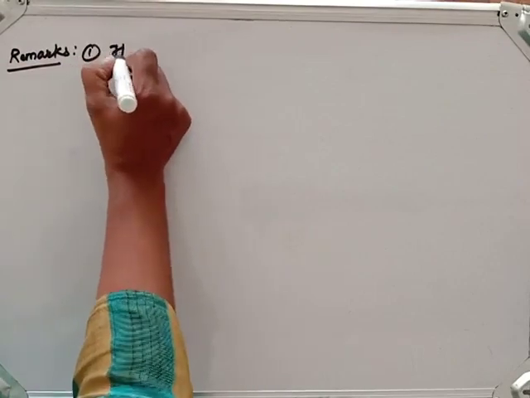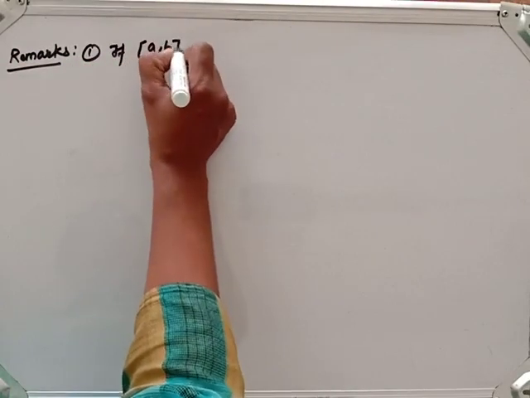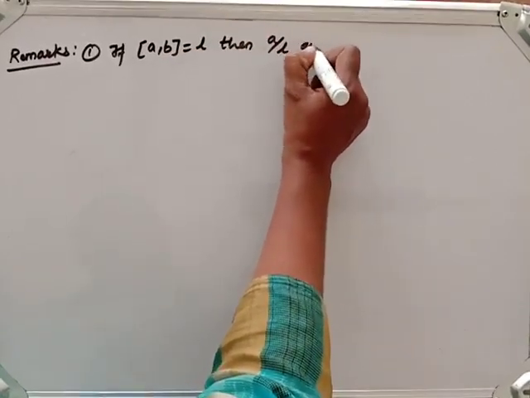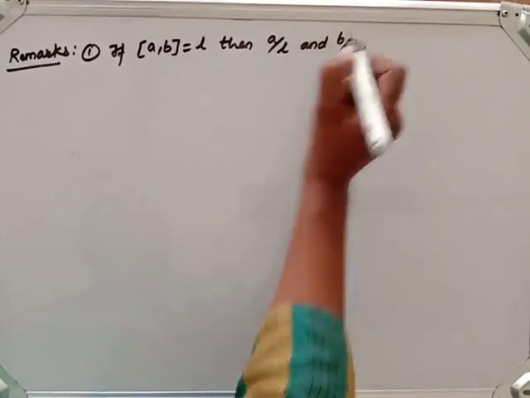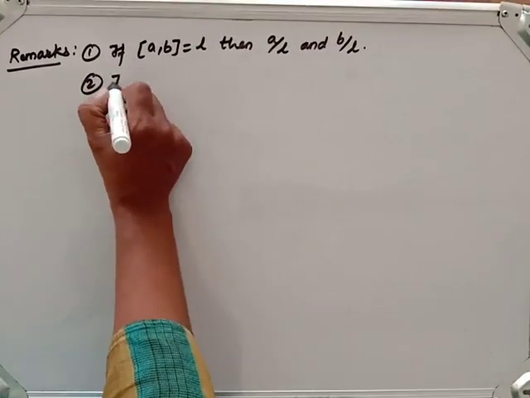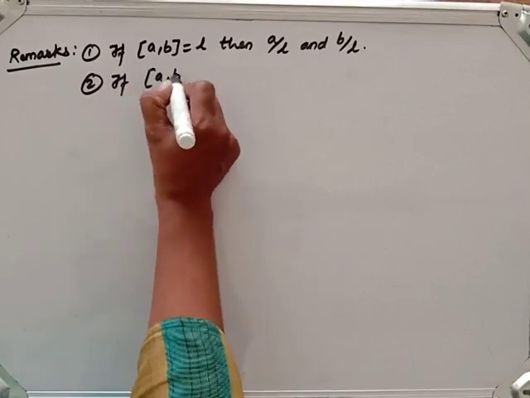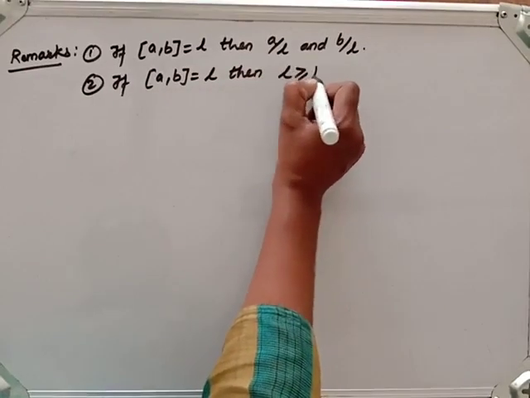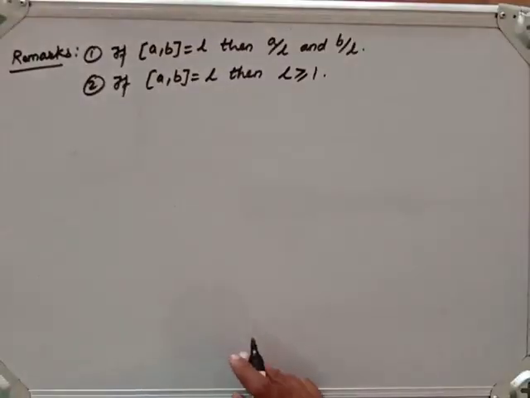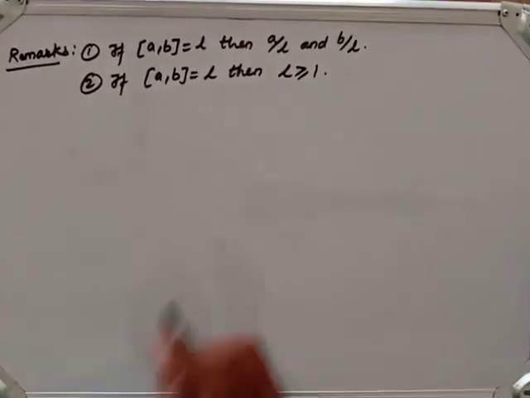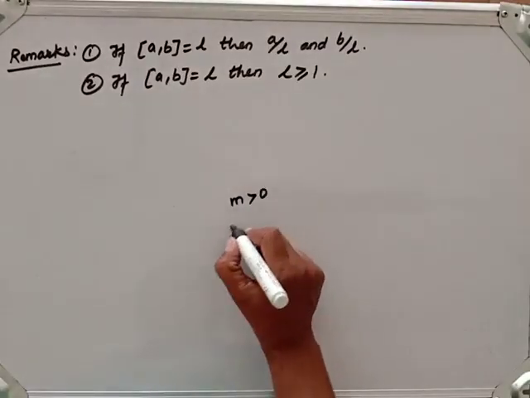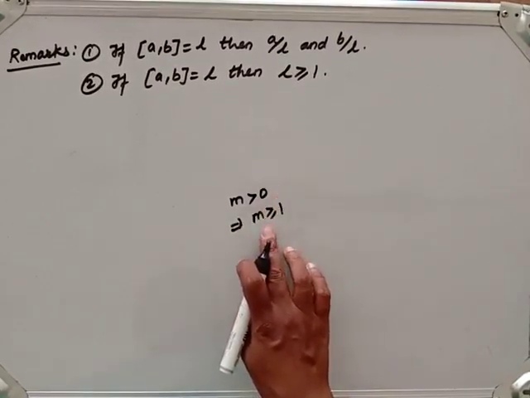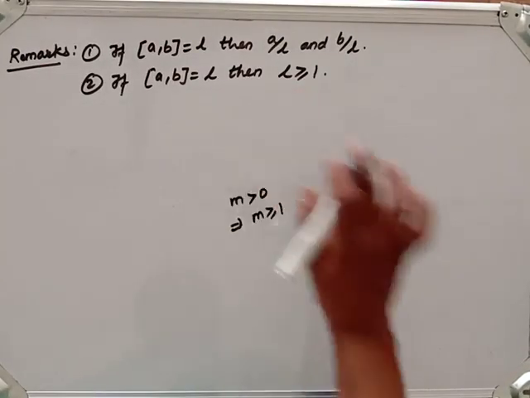First, if the LCM of A and B is L, then A divides L and B divides L. The second one is that if LCM of A and B is L, then L is greater equal 1. As we have seen, M is strictly positive means that M is greater equal 1. I had already taught you this one, and I had given it as a remark to you.